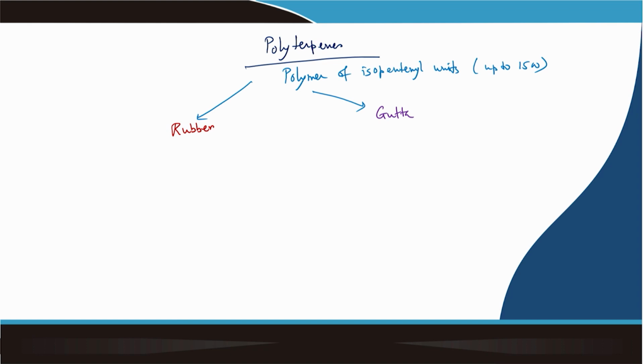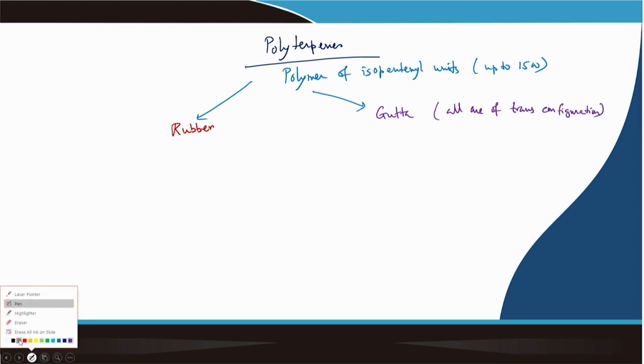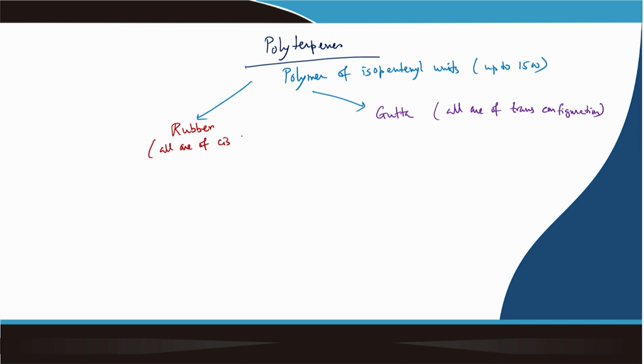Now, what is the difference between these two? In gutta, all these isopentenyl units are of trans configuration, whereas in rubber they are of cis configuration.